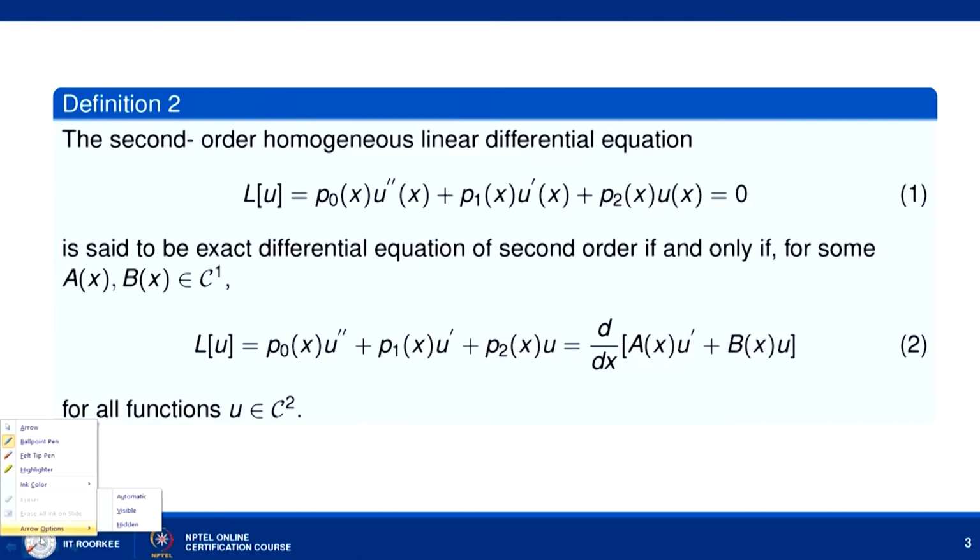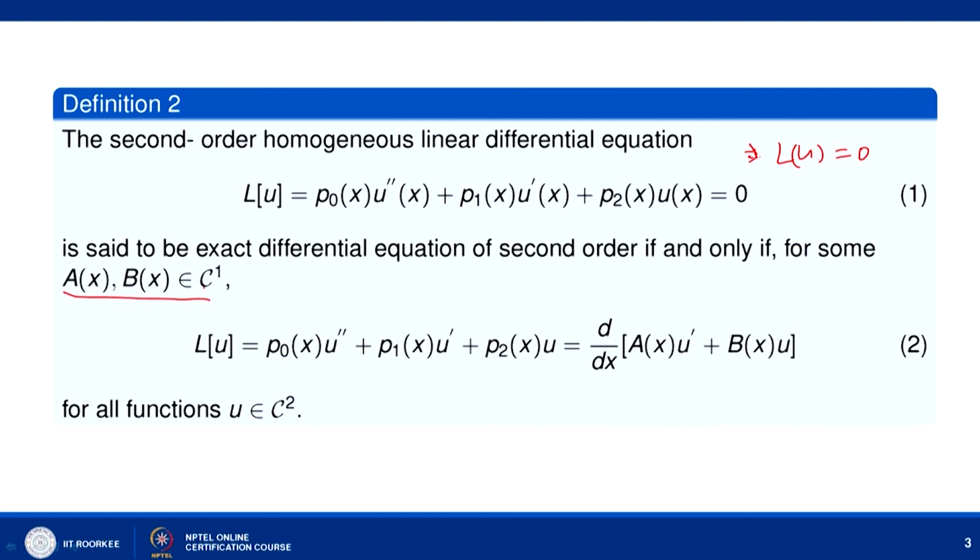So if we reformulate our definition for second order, we say the second order homogeneous linear differential equation L u equal to p naught x u double dash x plus p1 x u dash x plus p2 x u x equal to 0, written in operator form as L of u equal to 0, is said to be an exact differential equation of second order if and only if, for some differentiable functions a x and b x, we can write p naught x u double dash plus p1 x u dash plus p2 x u as d by dx of a x u dash plus b x u.